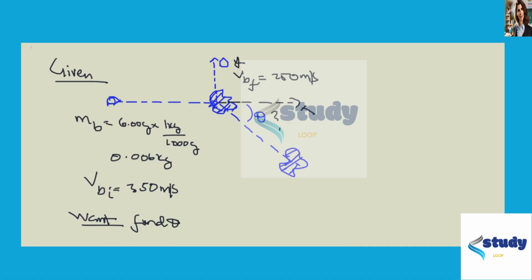The final velocity of the stone, which we're going to call Vs, is something else we're going to be looking for. So find theta and also find the final velocity of the stone.